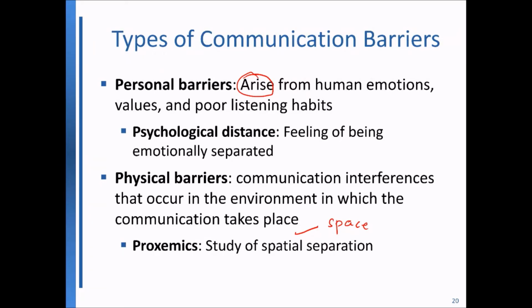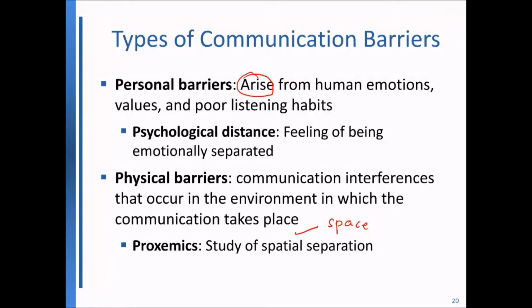Another example of psychological distance: two persons talking, they are very close, half a meter. But one person has an emotional problem. Maybe he is sad because something happened to the family. So he cannot concentrate on what the other person is talking about. So can he understand?